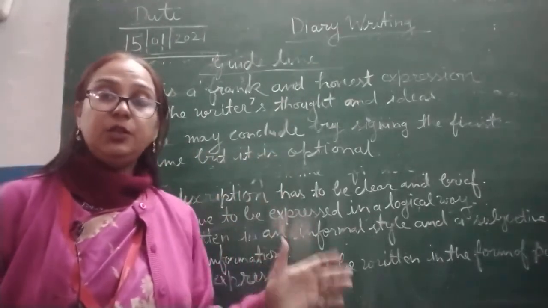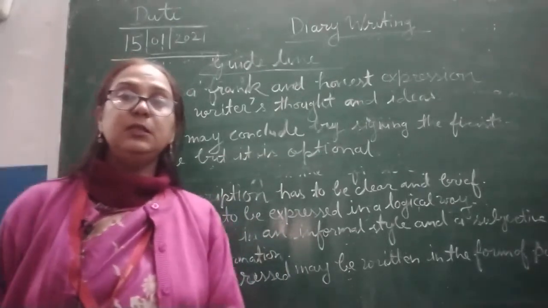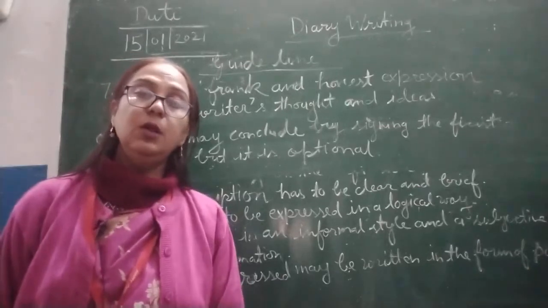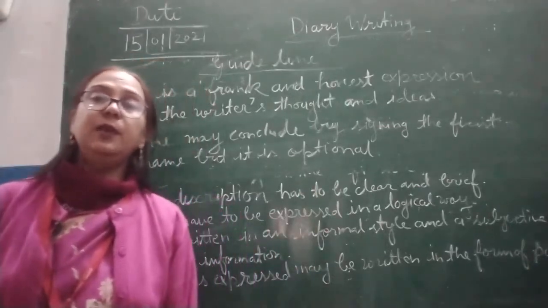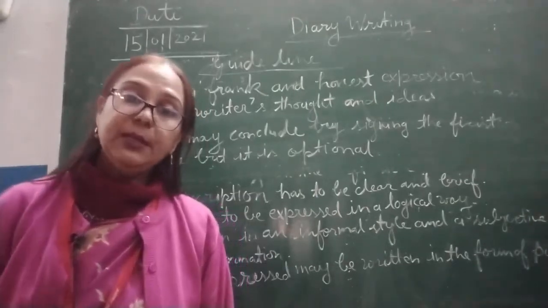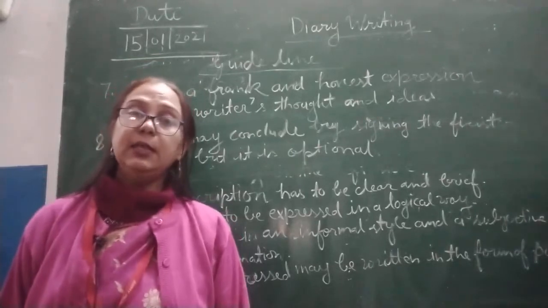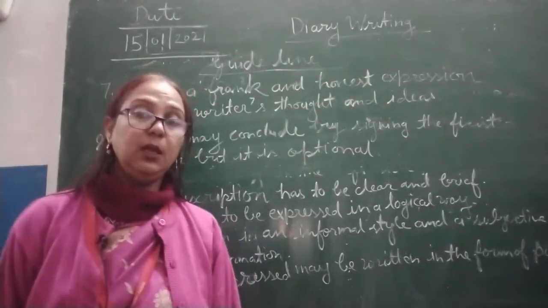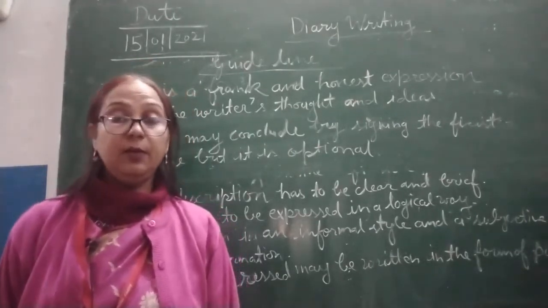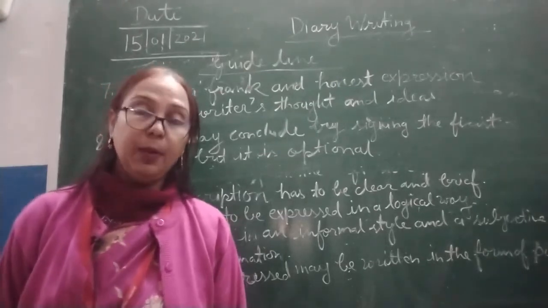As you all know children, we have discussed diary in our previous videos also, and this is a revision part. That is why I have written only guidelines, on the basis of which we are going to complete our exercises based on diary writing, which is also given in your grammar book.